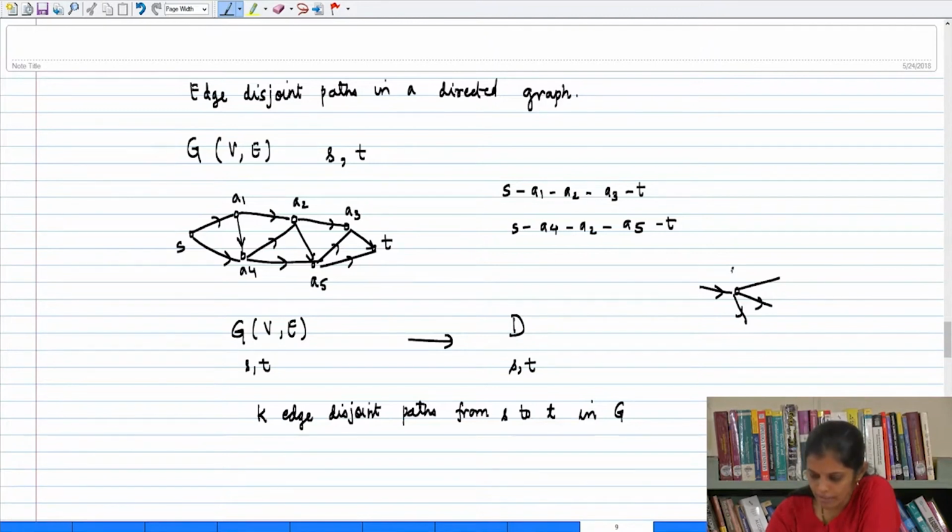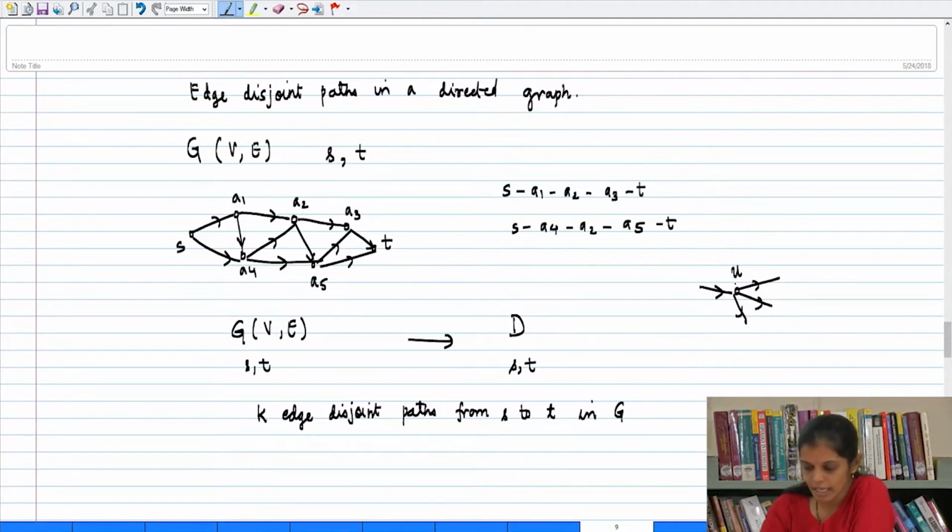So pick up an arbitrary vertex u in your graph, which will also be there in the flow network. Can there be multiple edge disjoint paths which contain this vertex u? There can be, right? But for every such path there will be an incoming edge and there will be an outgoing edge, and therefore you will actually have exactly as many.